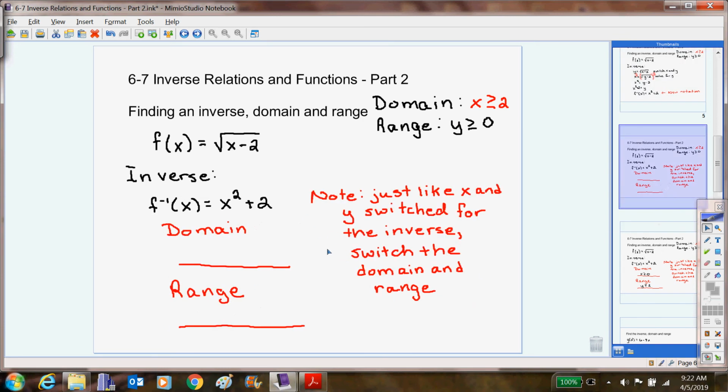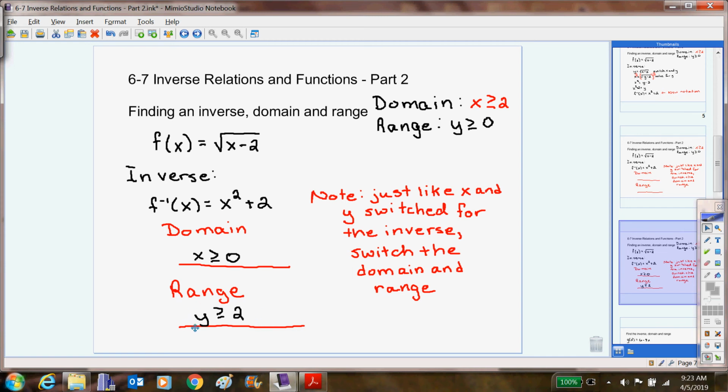So here it is saying again, okay, our inverse is this. Here's that note that I just said: just like x and y switched for the inverse, switch the domain and the range, which means the domain is now x is greater than or equal to 0.